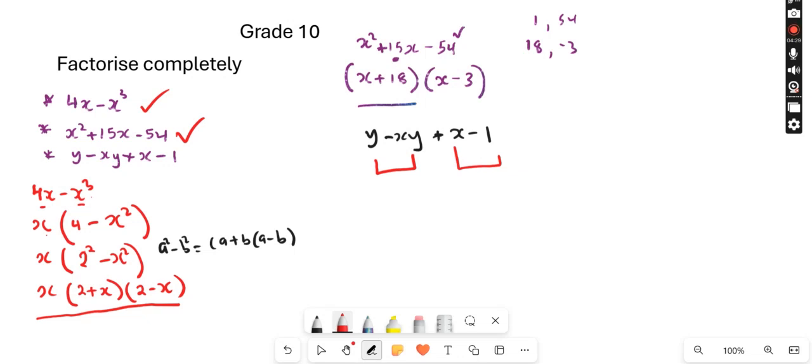In the first group, y is common. If you pull out y, here you remain with 1. It's like you're dividing: when you divide y over y, you remain with the 1 here. So then minus x. But when I look at this part, x comes first, and I have to get something which looks like the same thing in brackets.